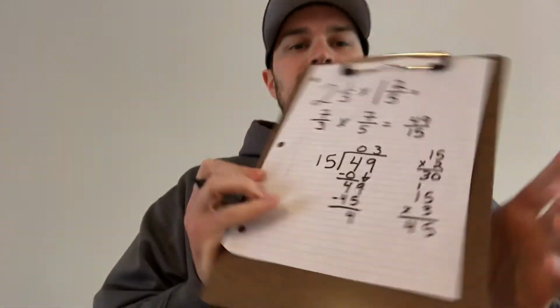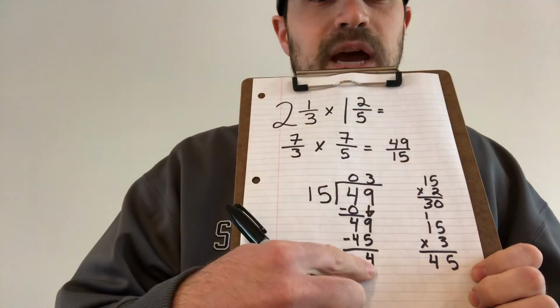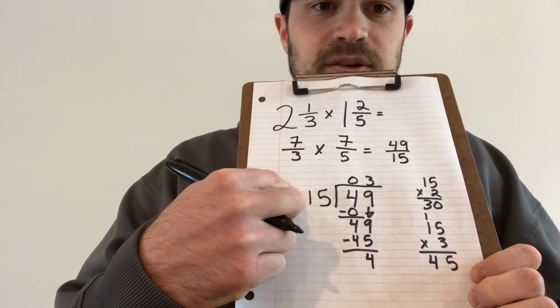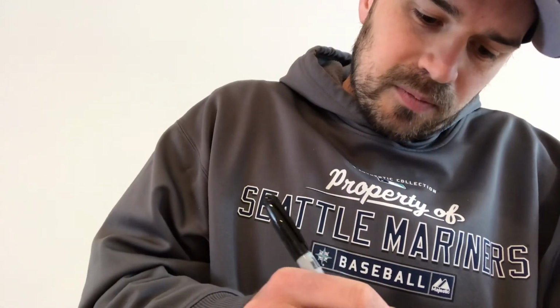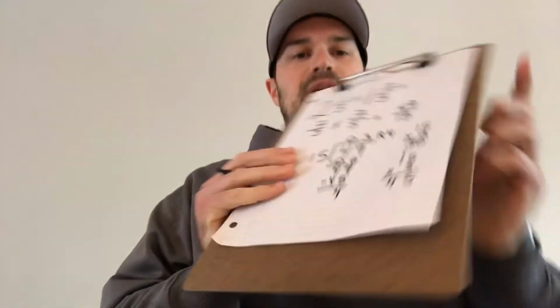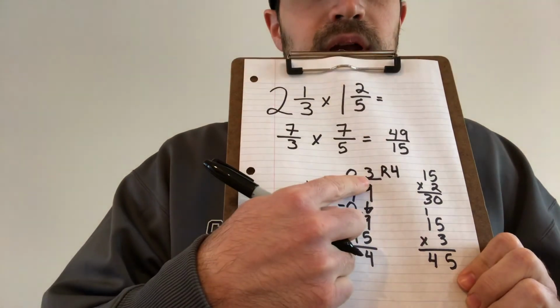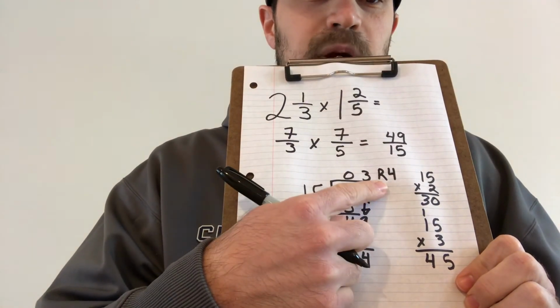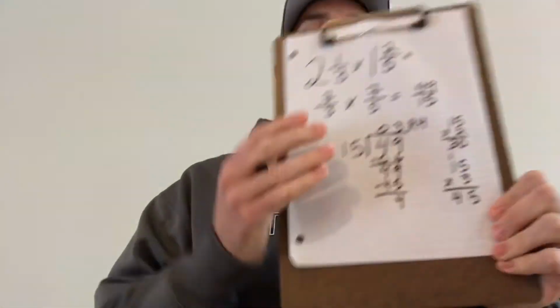Now, the Mr. Ferguson check. There's nothing left to bring down. Our remainder is significantly smaller than our divisor, so we call that remainder of 4. Now, my number to the left of my remainder is my new whole number, and my remainder is my new numerator. That's a tongue twister.